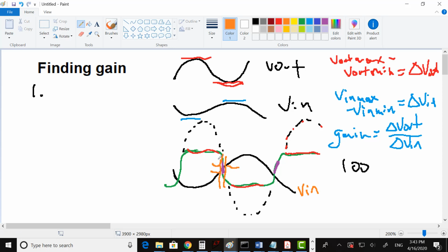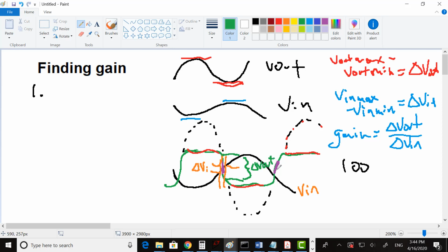So in that case, that is your delta V in. And then on your output, that to that, that's your delta V out.